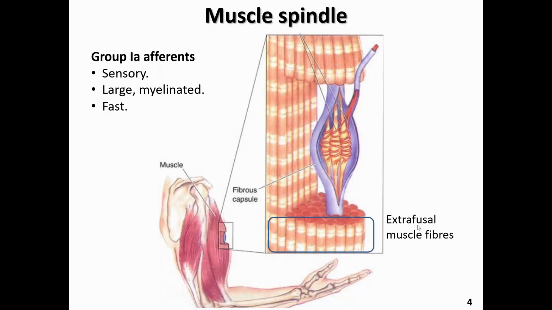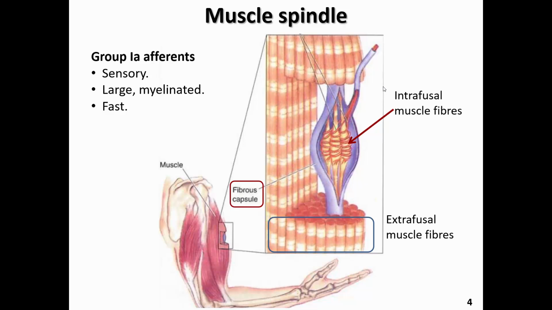But these are called extrafusal, indicating that they're outside of the fusiform shaped muscle spindle, and you see that right here, right in the middle of the picture. The muscle spindle is bordered by a fibrous capsule that is connected to the extrafusal muscle fibers, but embedded inside the muscle fibers. Once we open up that fibrous capsule, what we find inside are what are called intra, for within, muscle spindle muscle fibers.